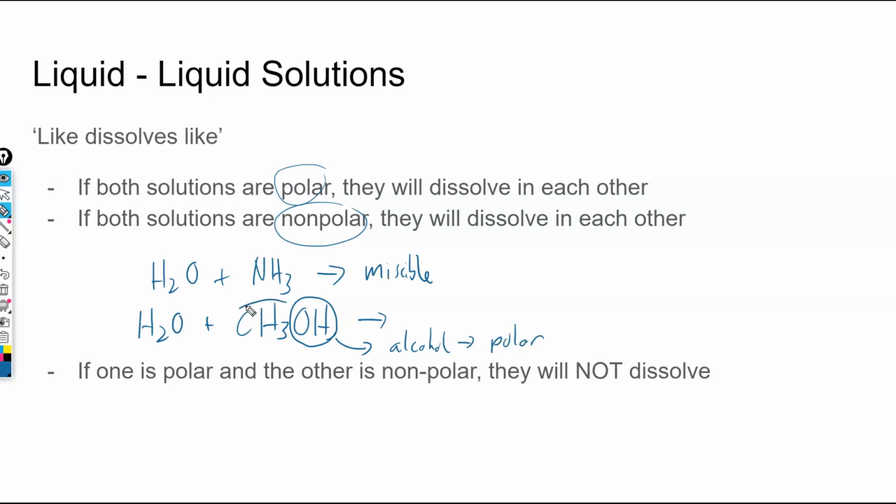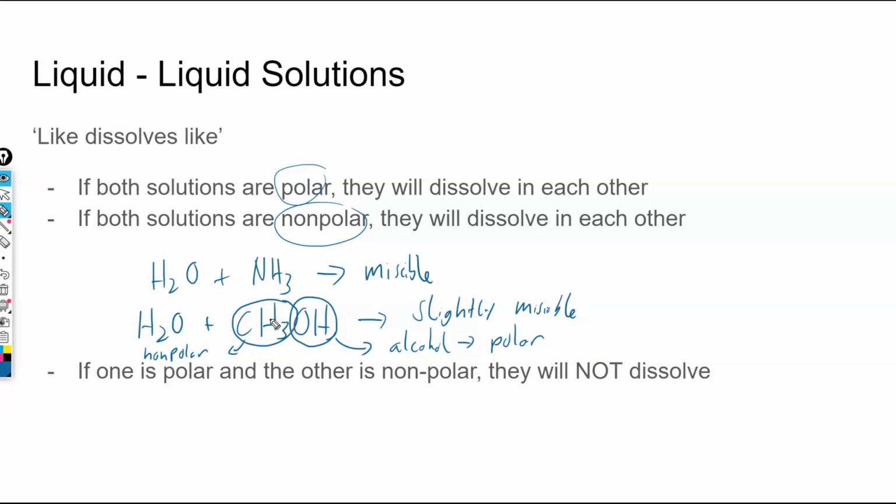But the carbon hydrogen portion that we talked about when we discussed the structure of molecules was always nonpolar. So if these two mix together, a solution of water and ethanol, this would be slightly miscible, which means they will dissolve a little bit, but because of this nonpolar part, it won't dissolve as much.